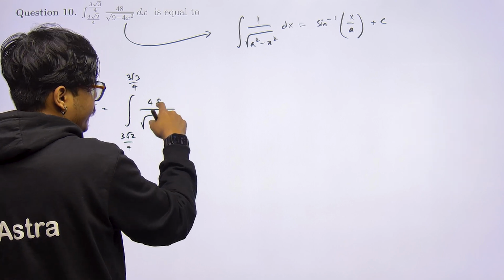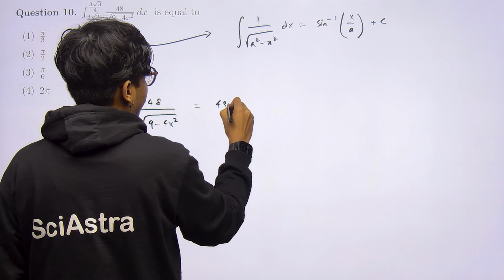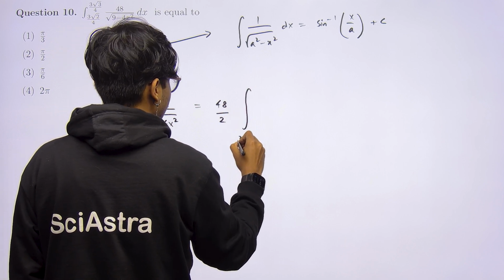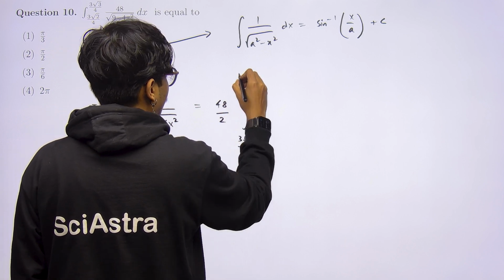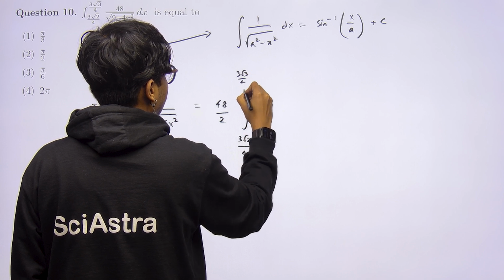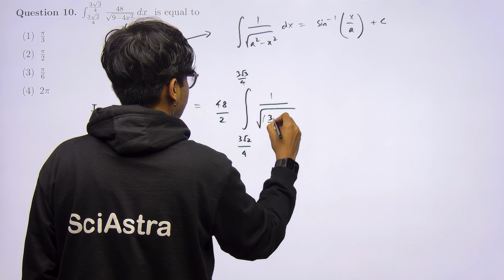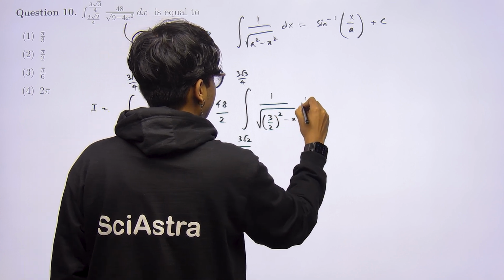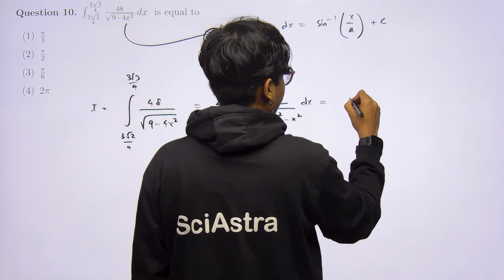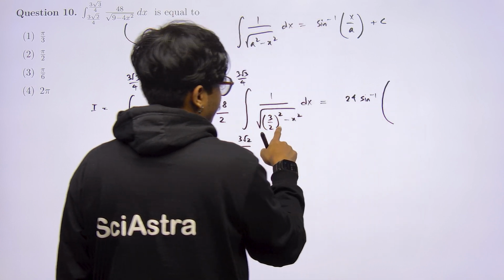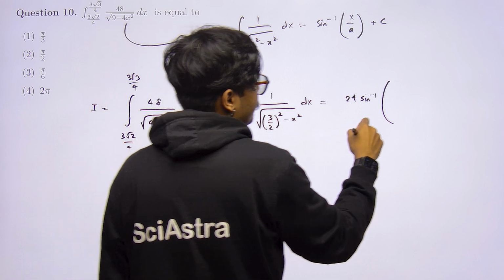So you can take a 48 common from the numerator, and if I take a 2 from the denominator, this integral turns out to be 3 root 2 by 4 all the way till 3 root 3 by 4 times 1 by 3 by 2 whole squared minus x squared dx, which should give you 24 times sine inverse of, so this will give you x by a, right? So this turns out to be 2x by 3.